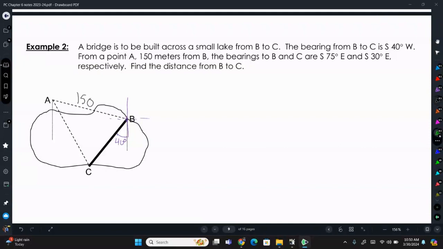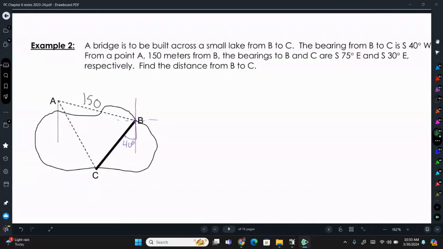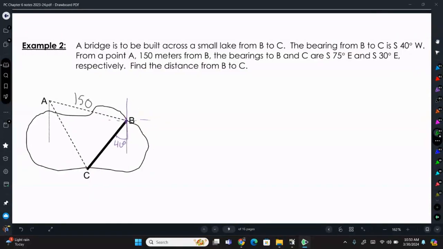So let's go back and make sure we have all this information in correctly. And we want to label our triangle with all these other bearings. All right, so the bearing to B from point A is 75 degrees. So I'm going to do this here to kind of make it easier.